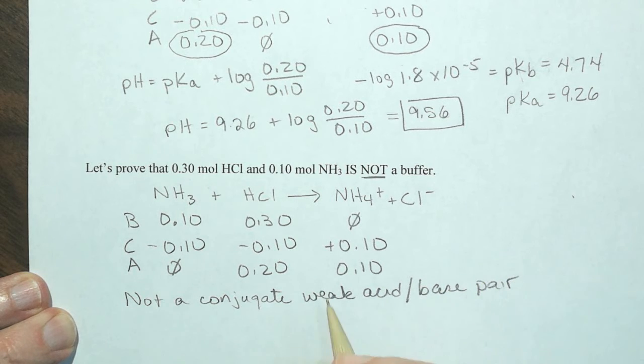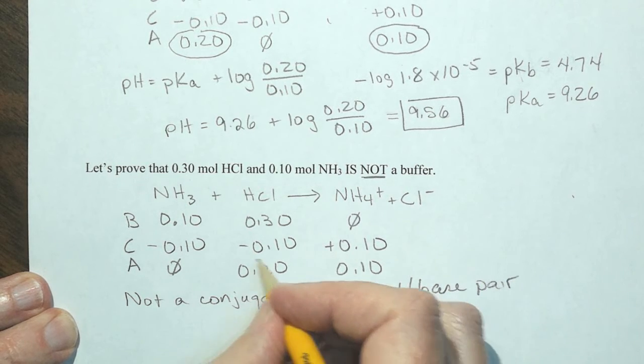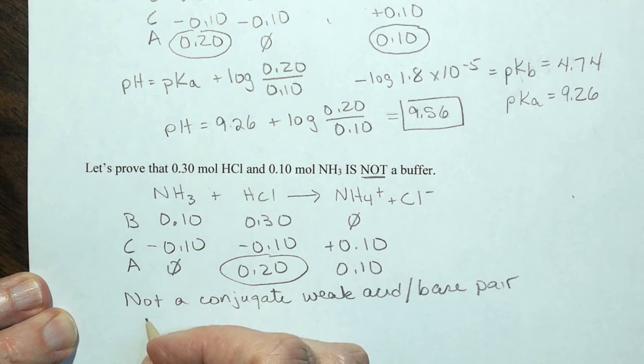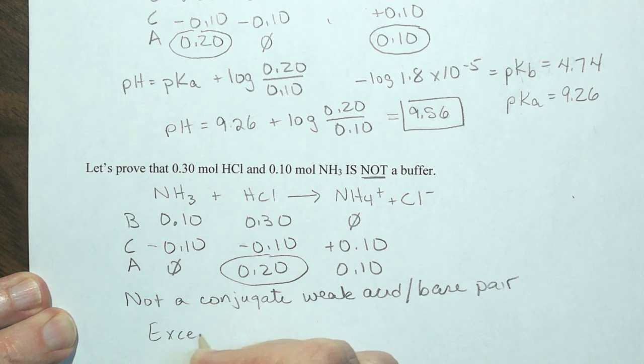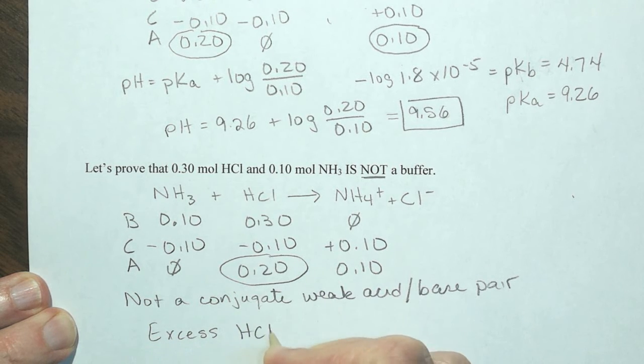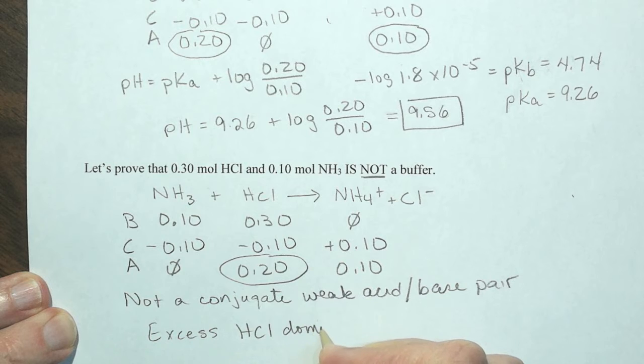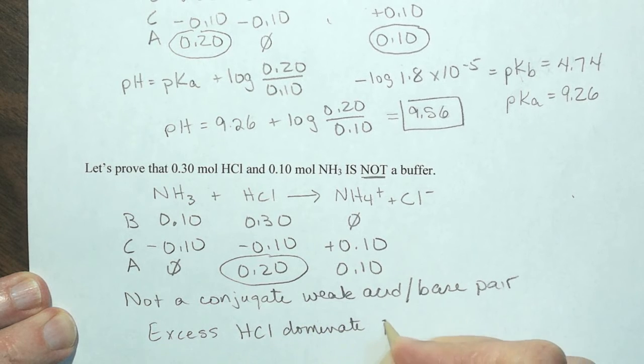And what's going to dominate the pH is going to be our excess HCl. So excess HCl will dominate the pH.